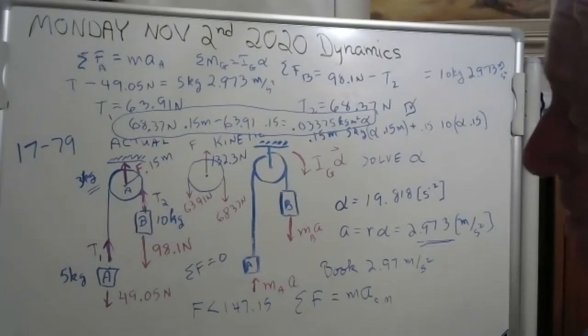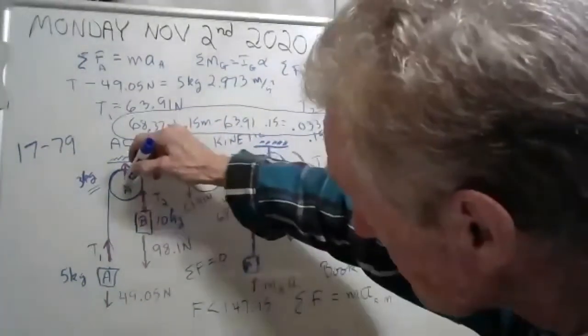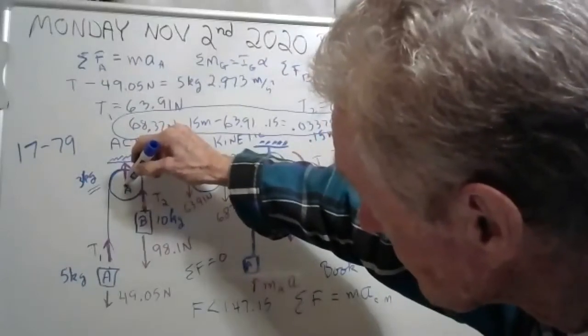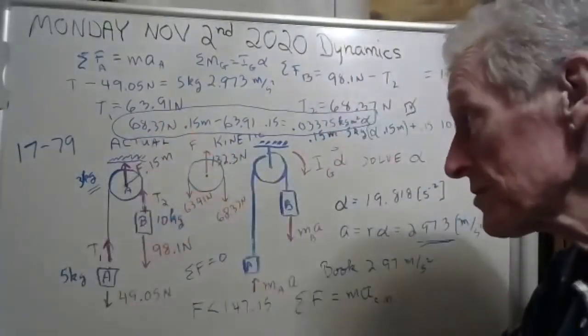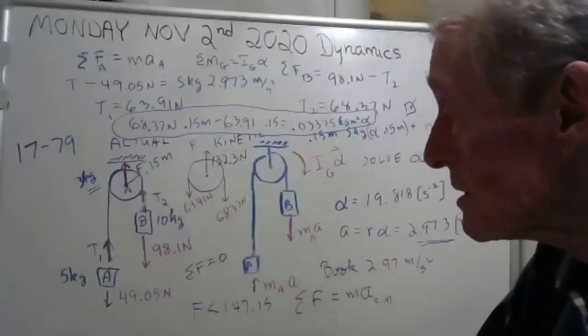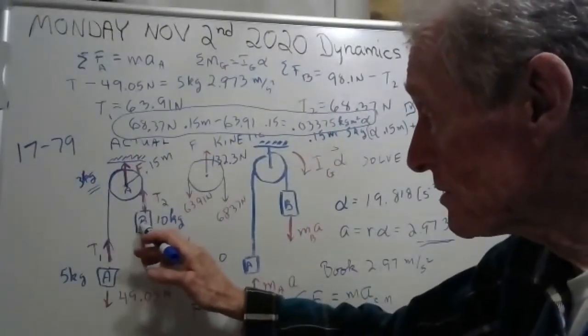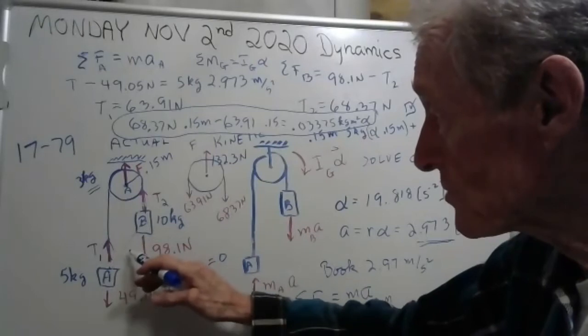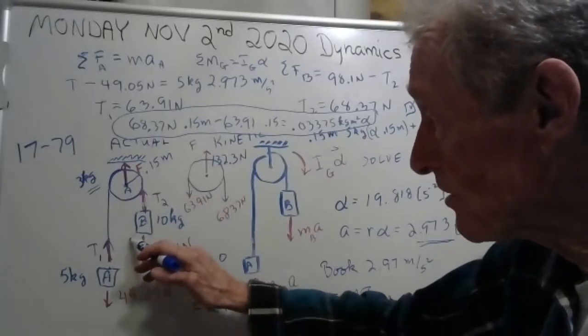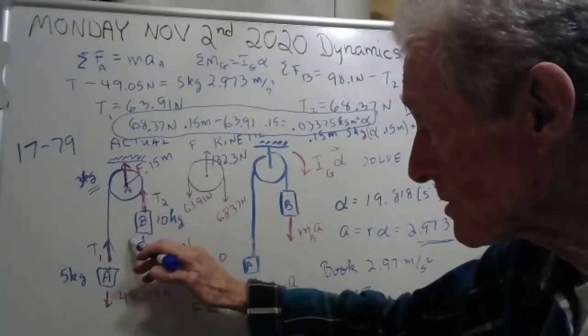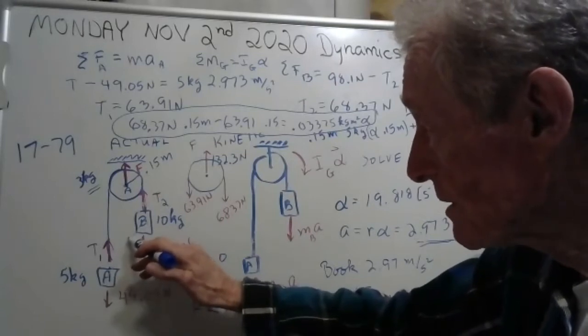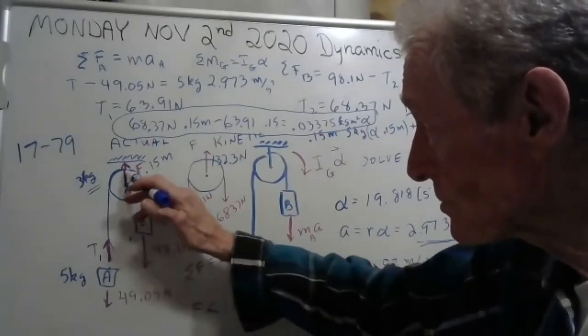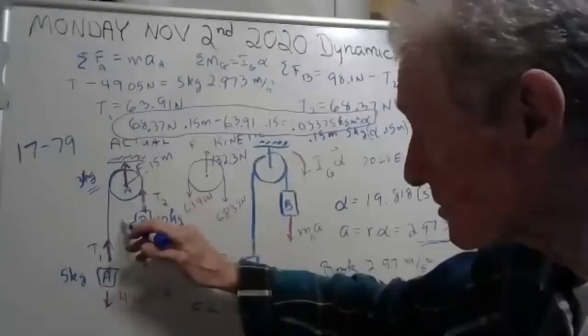Well, what's the center of mass of this system? Well, it's not here. That's the center of mass of the pulley. But right at this instant, the center of mass would be, I don't know, over here someplace. It's closer to the 10 than the 5. And it's not even there because if you consider the whole system, I don't know, it's in here someplace.